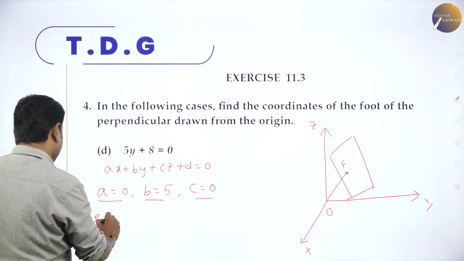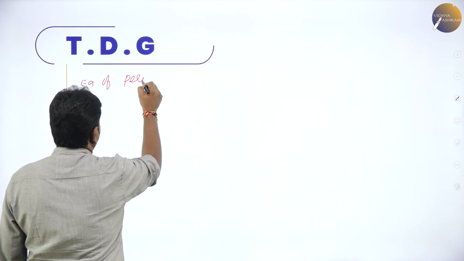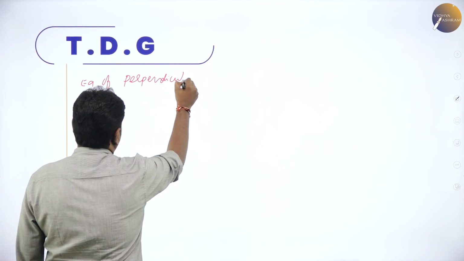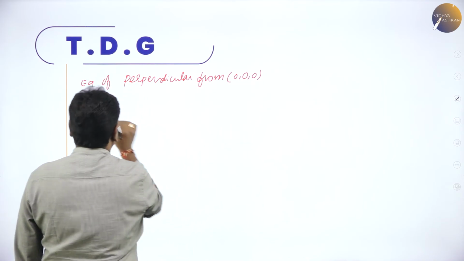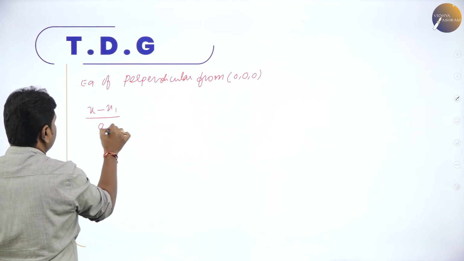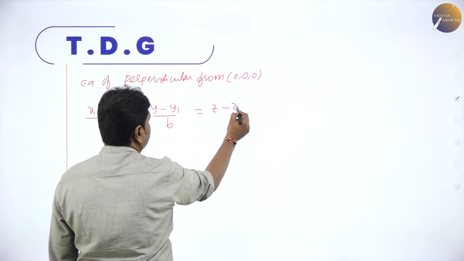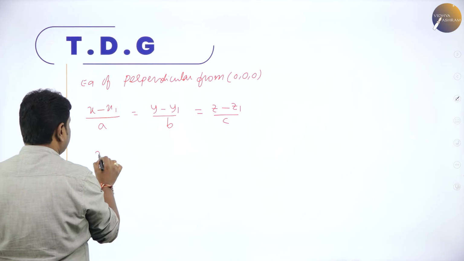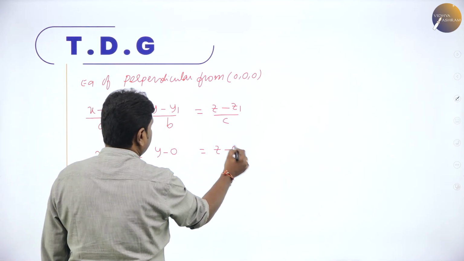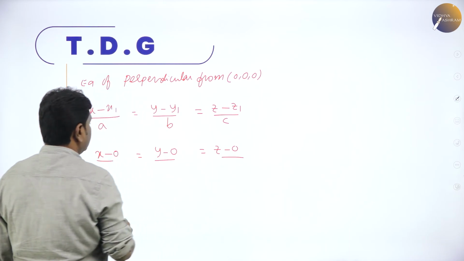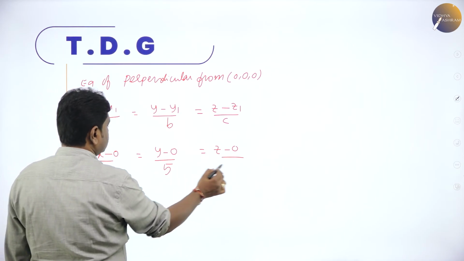Now I'll write the equation of the perpendicular line from the origin 0, 0, 0: (x minus x1) by a equal to (y minus y1) by b equal to (z minus z1) by c. Here x1, y1, z1 are 0. What are a, b, c? They are the direction ratios: 0, 5, 0.